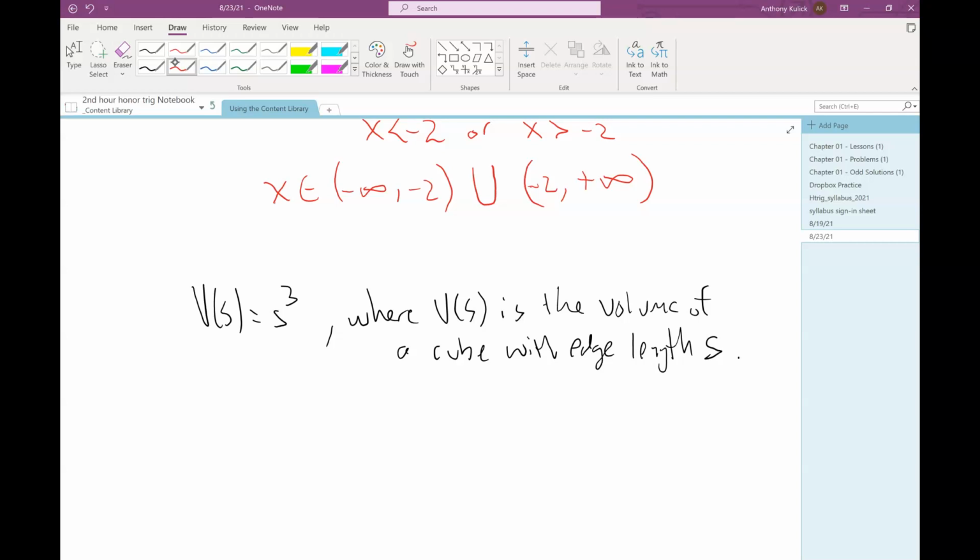Here we have some additional context to our problem, right? Is this going to change our implied domain? So the domain is going to be the possible values for that edge length. Can the edge length be all real numbers if we're talking about the edge length for a cube?